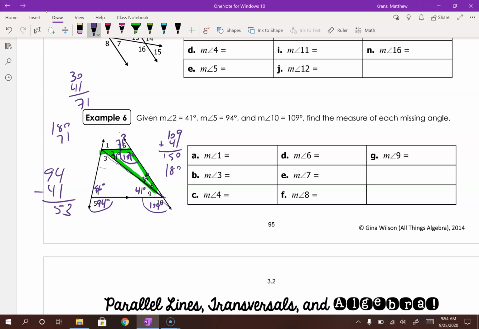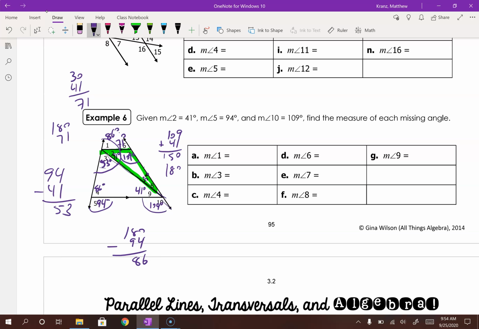So that gives me 53 for angle 3. And then angle 1, all three of these have to be 180. So I know these are 94, 2 and 3. So I do 180 minus 94. Right? And that gives me 86. So angle 1 is 86 degrees.